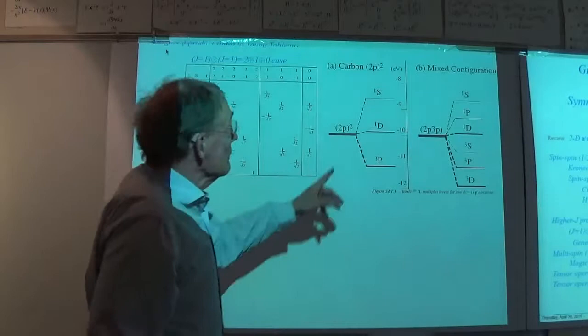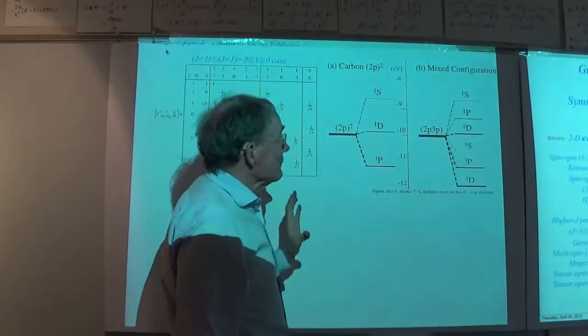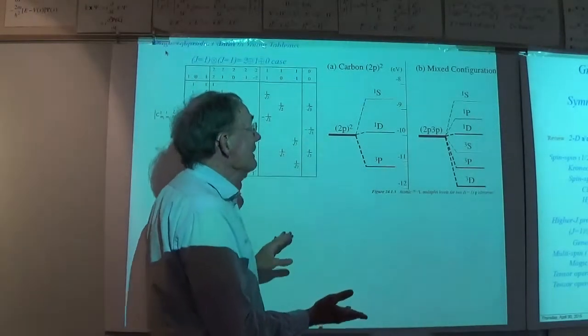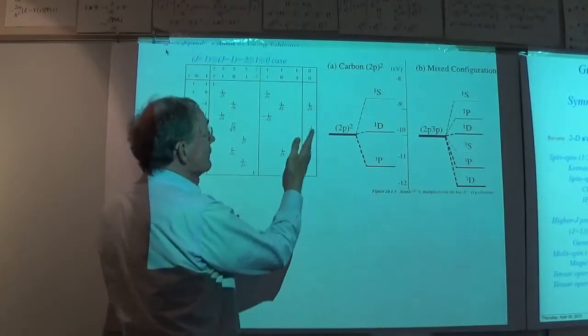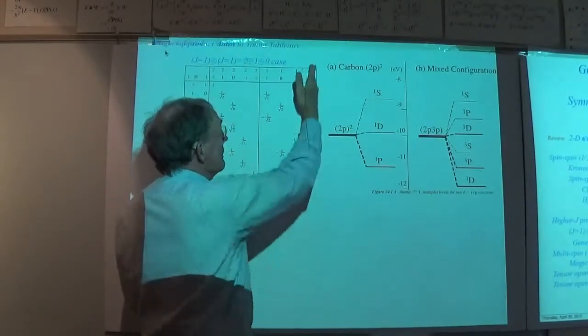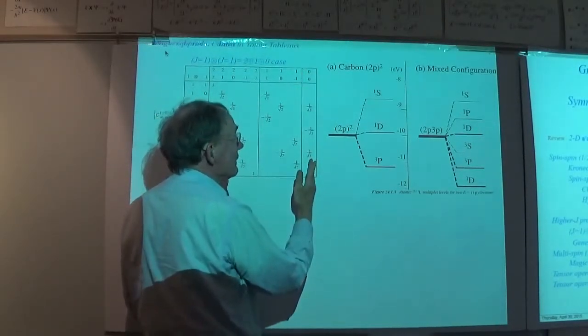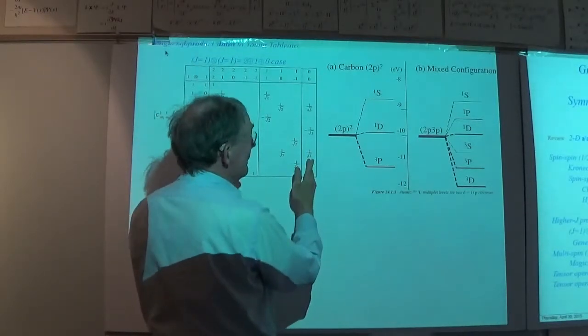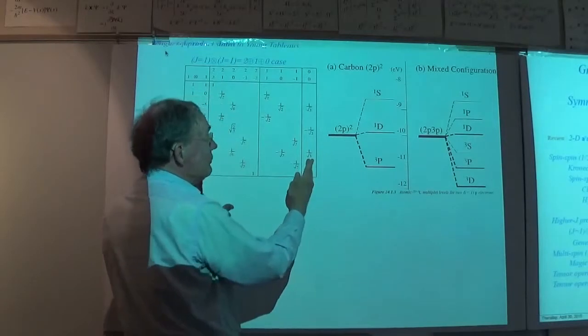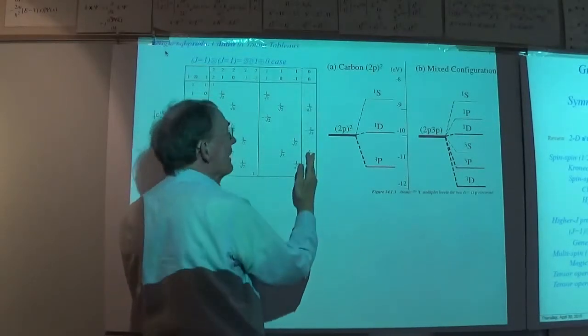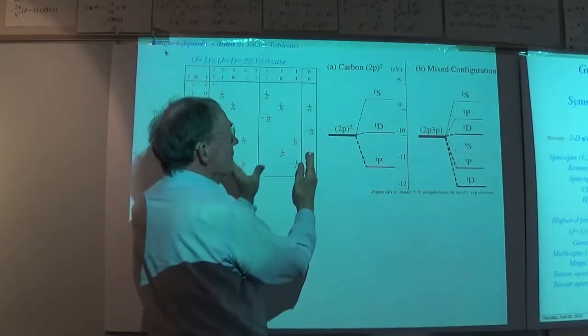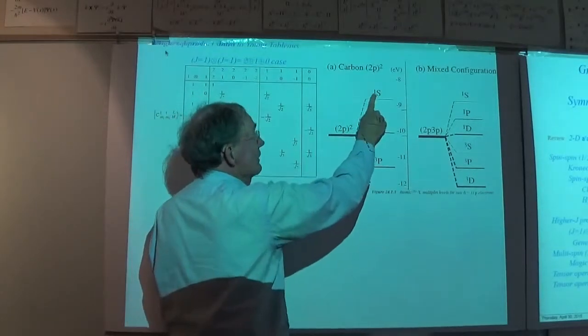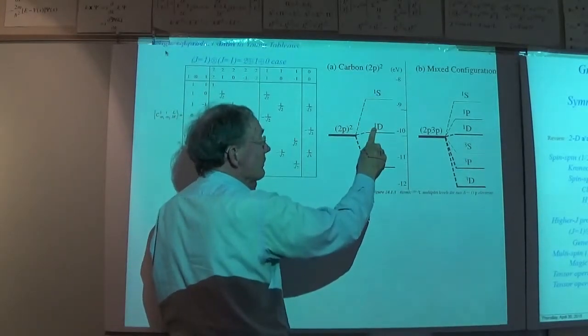But if it's carbon 2p squared, the Pauli principle is going to exclude this symmetric guy here, this singlet, you see, from having a triplet of spin. The triplet of spin is symmetric. This is already symmetric. I need only an anti-symmetric spin, and the only anti-symmetric spin is the singlet, and that's what that notation refers to.